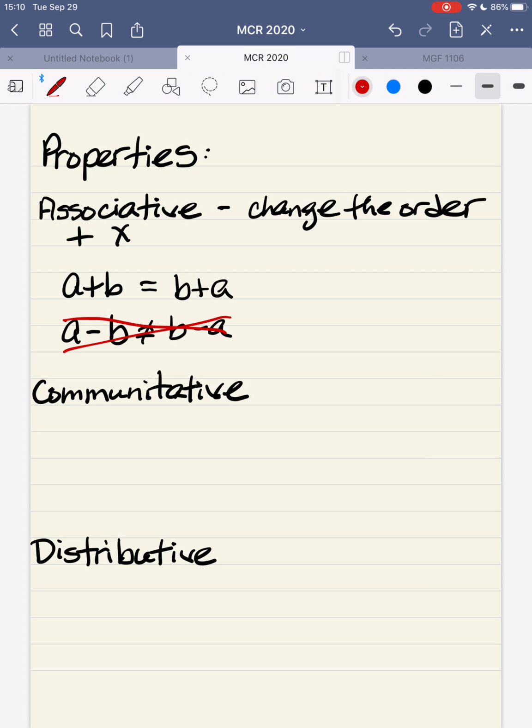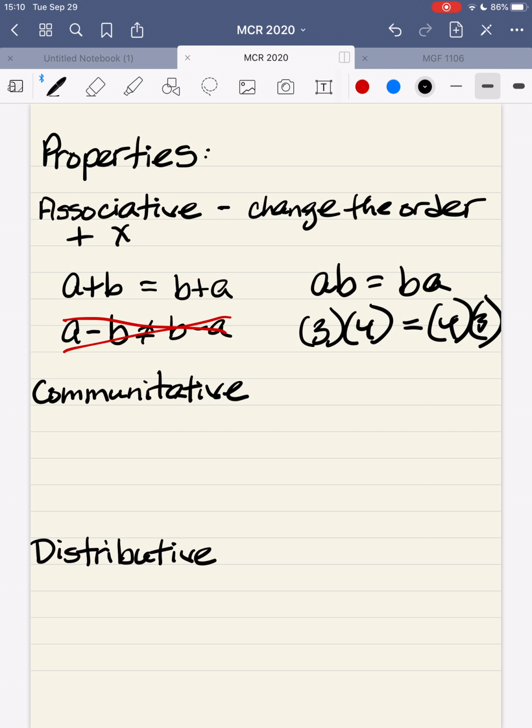So only addition. For multiplication, if I have a times b, that's equal to b times a. Remember, 3 times 4 is the same as 4 times 3. Okay, same idea. The commutative property, whereas the associative property changed the order, the commutative property just changes the grouping.